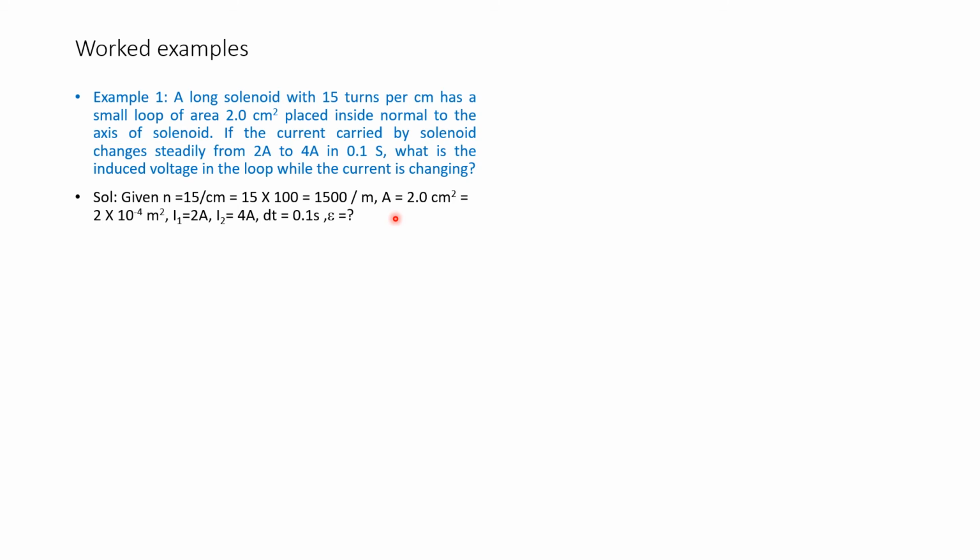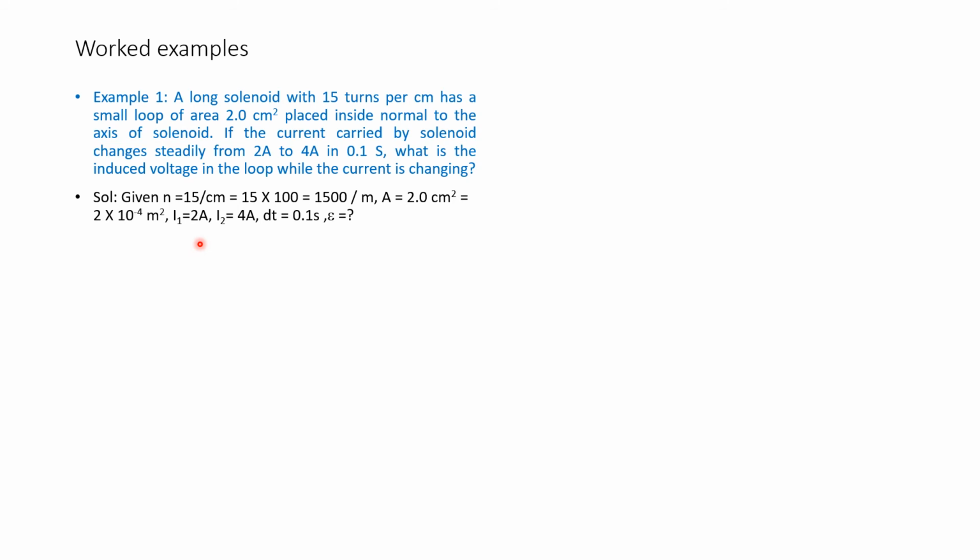Area of cross section is given as A equals 2 centimeter square. This also has to be converted into meter square. Therefore, this will be 2 divided by 100 into 100, that is 2 into 10 to the power of minus 4 meter square.